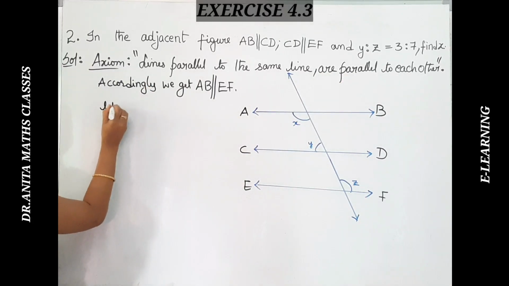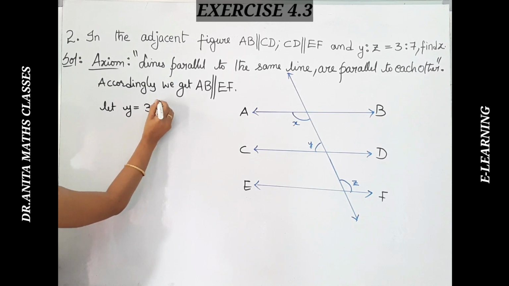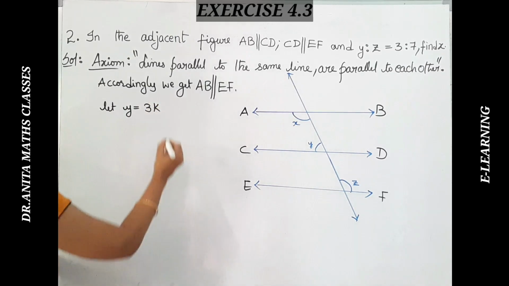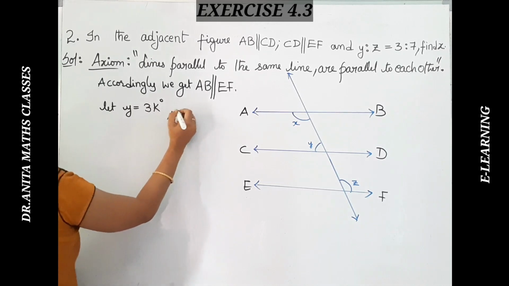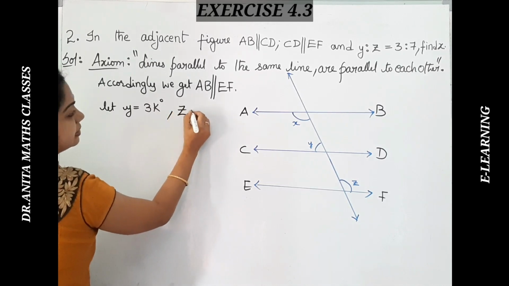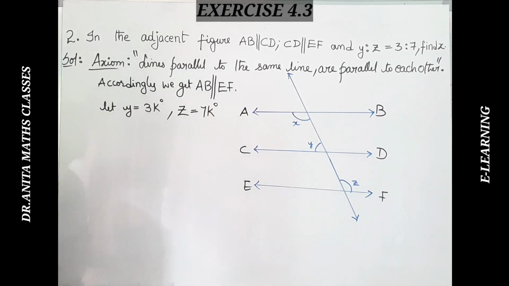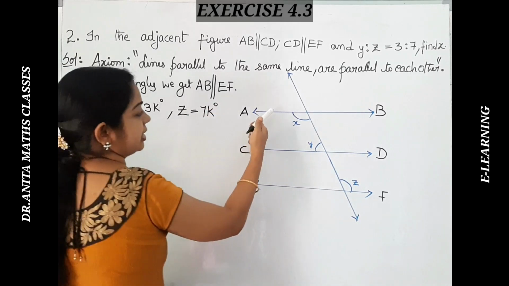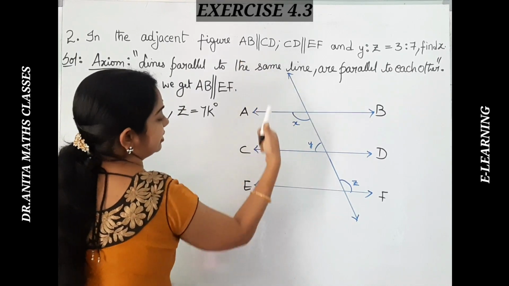Let angle Y be equal to 3k degrees, I'll suppose, and therefore the other angle, angle Z, will be equal to 7k. I'm supposing it.